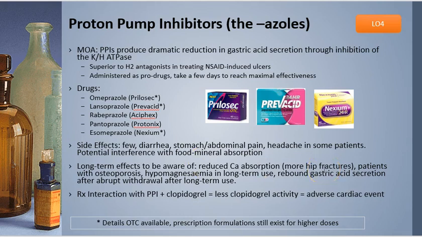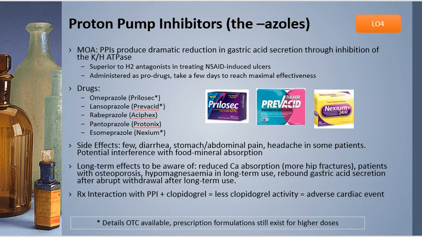When patients go off of these drugs, you can sometimes see rebound gastric acid secretion after they abruptly withdraw the drug for whatever reason after long-term use. And then for patients that have underlying cardiovascular diseases, there's a well-known drug interaction with these proton pump inhibitors and the agent clopidogrel.